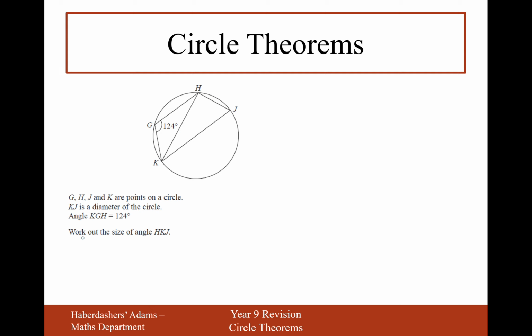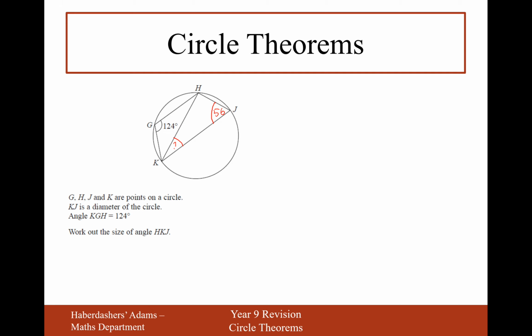Moving on to the next one. Calculate the size of angle HKJ, H to K to J. So this angle inside here. Okay, well the first thing I'll probably be looking at is this angle over here. That's going to be opposite to this one here, so that's going to be 56 degrees.